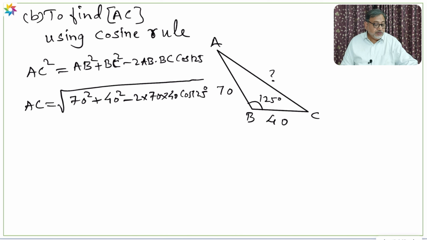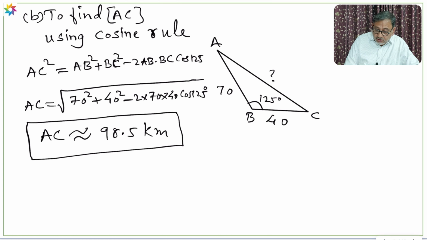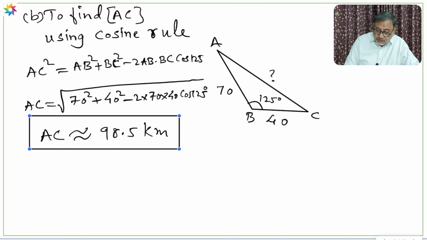So all of it is giving me 98.5. So AC is approximately equal to 98.5, and this is all in kilometer, okay? So I got the value of AC, right? The distance between these two cities.